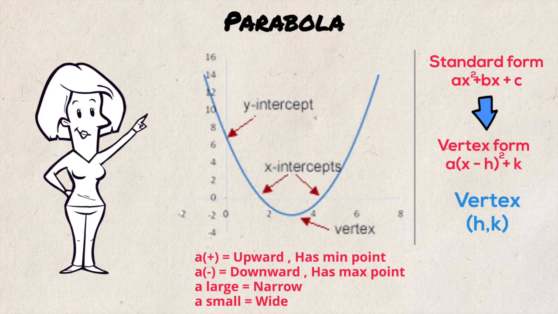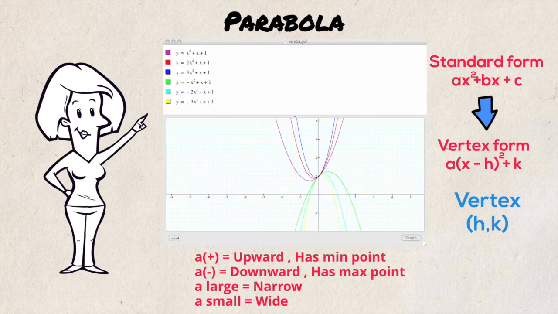If a is positive, we will have the minimum point of the graph, and if a is negative, we will have the maximum point. If a is positive, the parabola points upward, and if a is negative, it points downward. If a is large, like 8, the parabola will be narrow, and if a is small, like 1 over 4, the parabola will be wide.